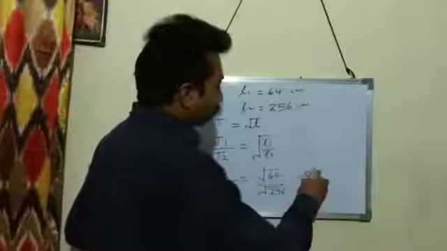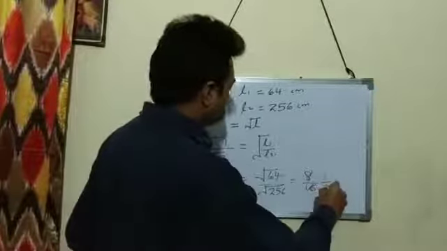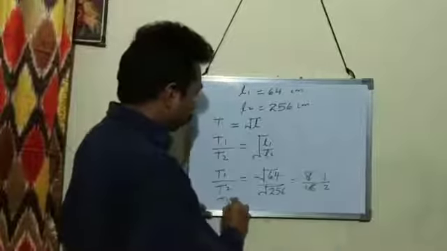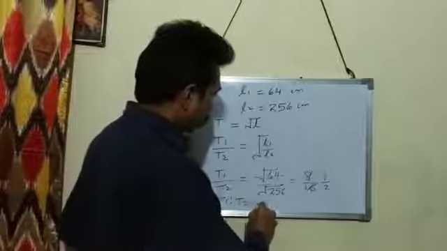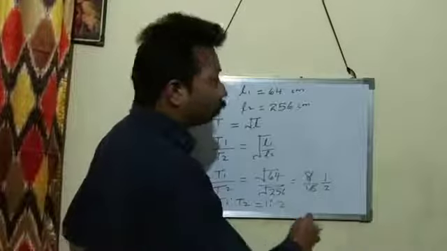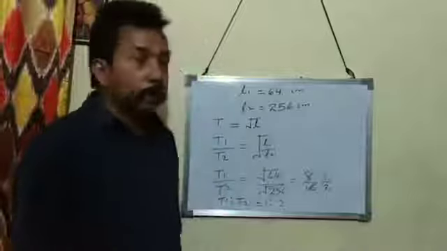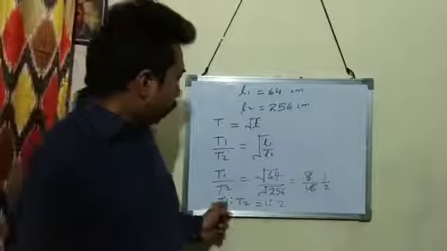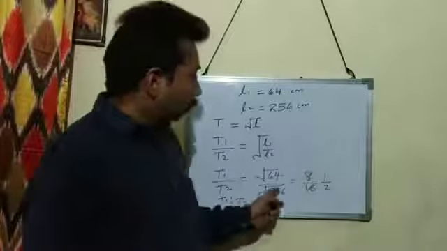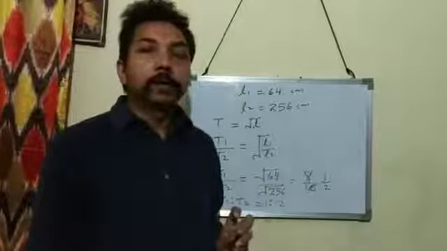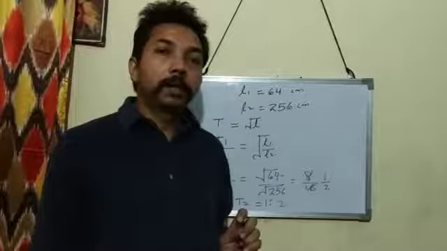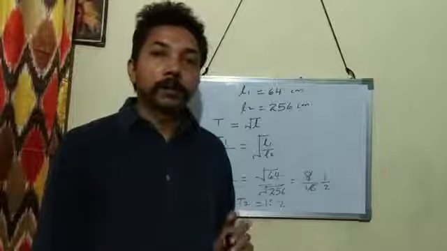Then 8 and 16 give 1 upon 2. So the ratio T1 to T2 is 1:2. This is the relation of time period between these two pendulums. The next class we will discuss another topic.